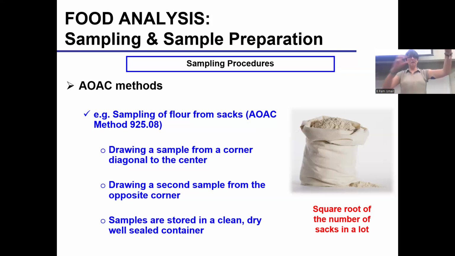So if the center is here, you take 2 samples from 2 opposite corners to the center. And then you store in clean, dry, well-sealed container for later analysis. And that is the official method for sampling flour.